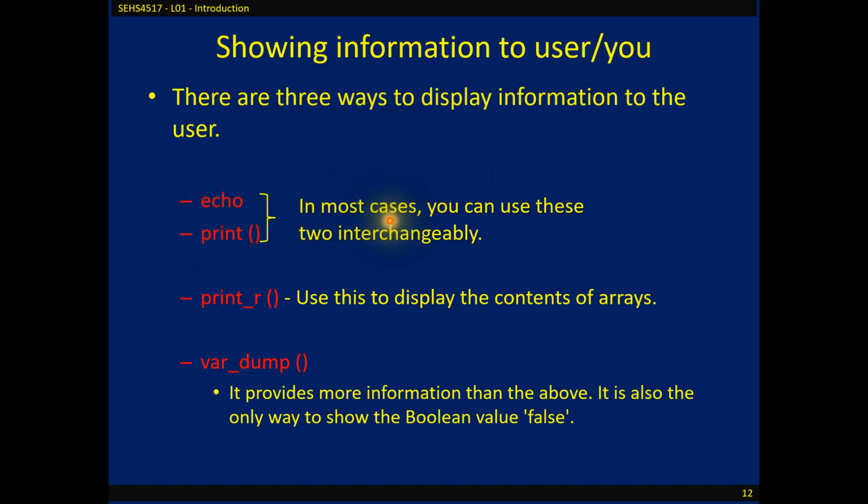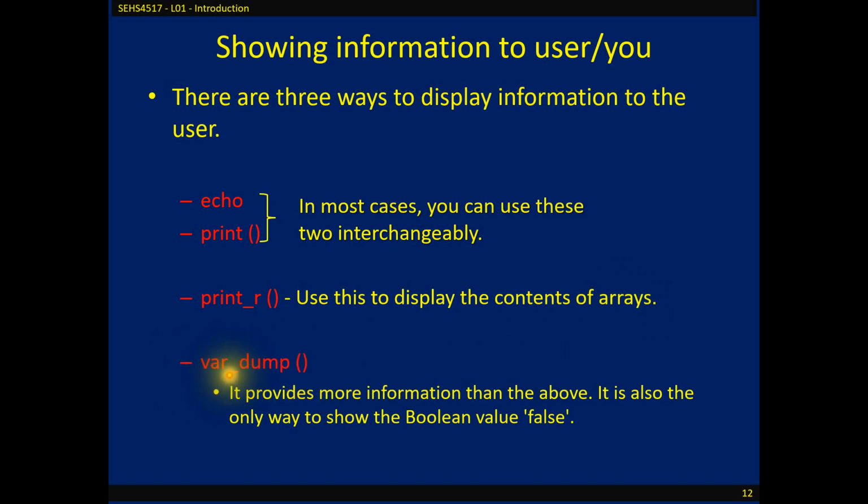In most cases, you can use these 2 interchangeably, which means that they are almost the same. The second way is to use the print_r function. You will use this when you are dealing with arrays. We'll cover arrays later, so don't worry about it if you don't know what they are for now. And lastly, you can use var_dump.